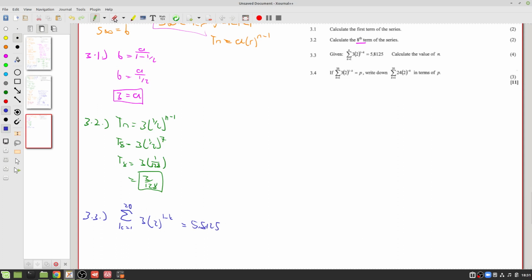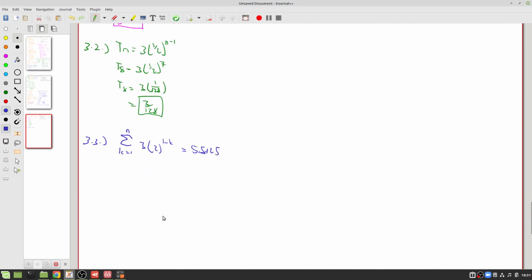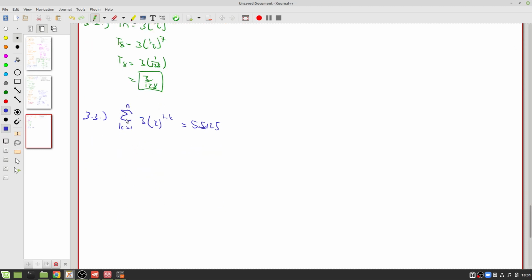Oh, that's not 20, sorry, this is just an n. My bad, so we need to solve for n. When we're working with sigma notation, sigma is a Greek capital S, it just means the sum of.